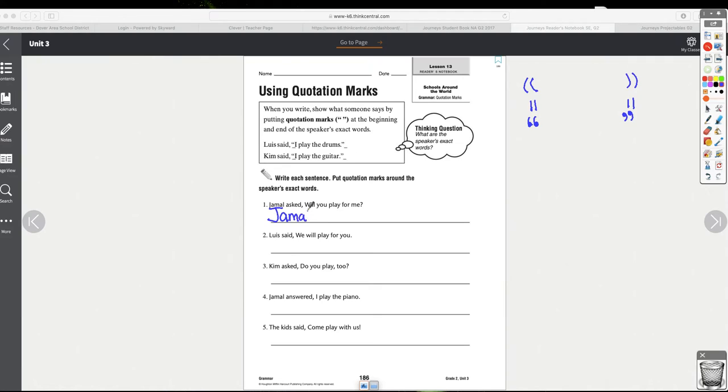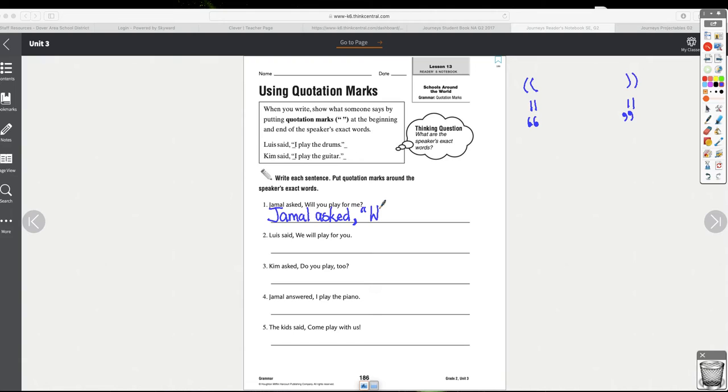Jamal asked, we keep the comma there right after the word asked. They already gave it to us. Then we have to put our quotation marks before the speaking part, will you play for me? Now notice the capital W in the middle of the sentence. Normally, I would say to you, you cannot have a capital letter in the middle of your sentence unless it's a proper noun, right?